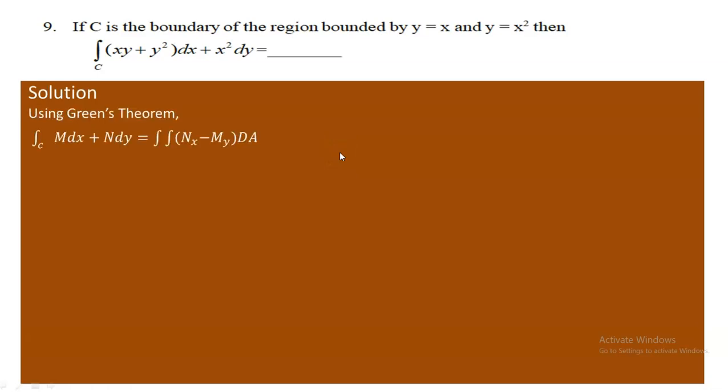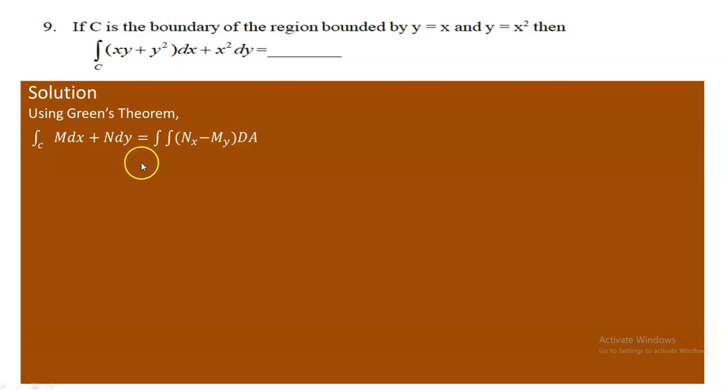Here it is, using Green's theorem, the line integral of M dx plus N dy is equal to the double integral of (N_x minus M_y) dA over a certain region. So Green's theorem associates a line integral with a double integral.